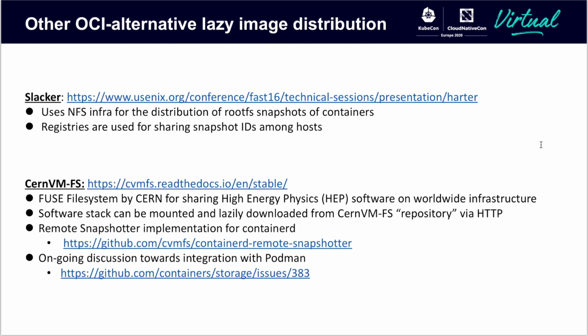Again, a remote snapshotter is a plugin for containerd like Stargz Snapshotter, but one can use any file system and store as backends. And there is an ongoing discussion towards integration of CernVM-FS and Podman.